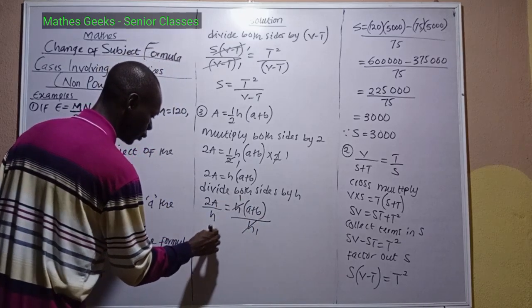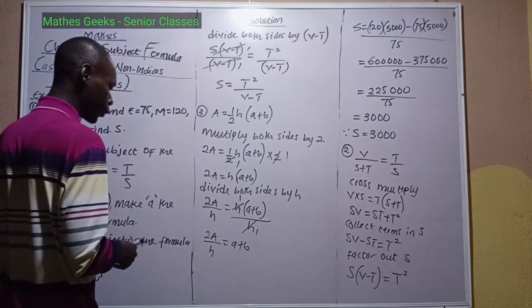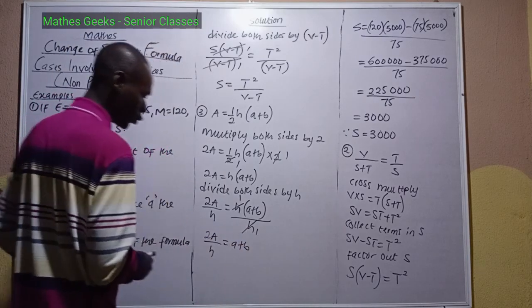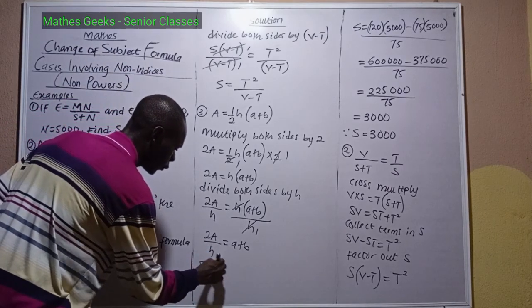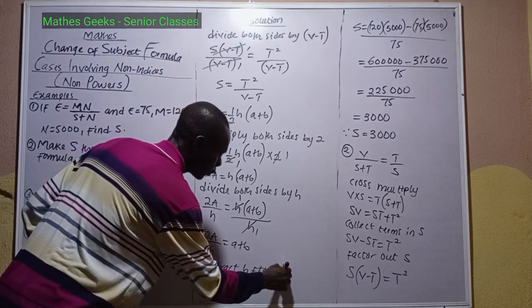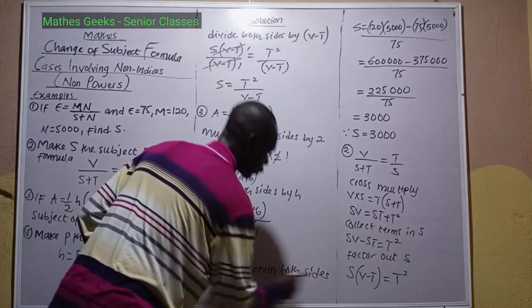So 2A over H equals E plus B. Remove B from here, so make E stand alone. To do that, subtract B from both sides.